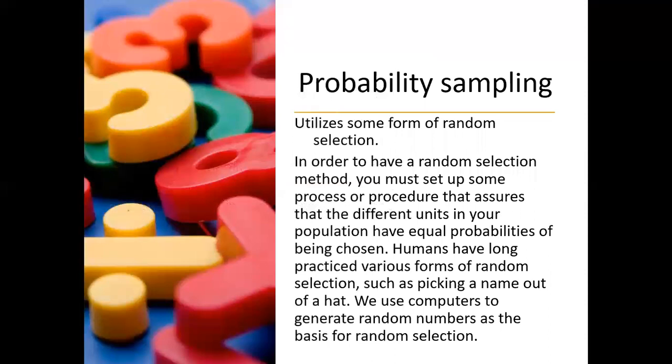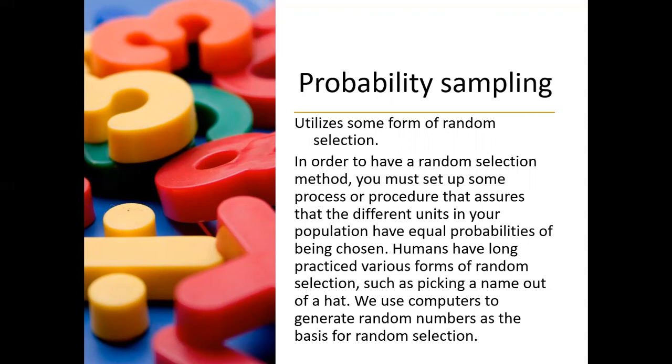We can start with probability sampling. It utilizes some form of random selection. In order to have a random selection method, you must set up some process or procedure that assures that the different units in your population have equal probabilities of being chosen. Humans have long practiced various forms of random selection, such as picking a name out of a hat.